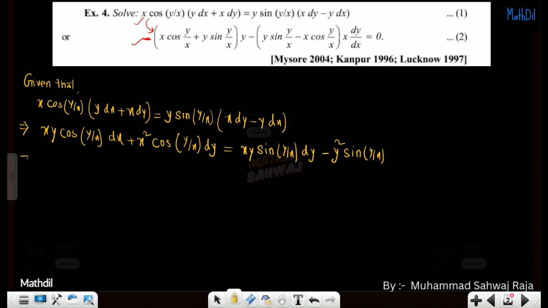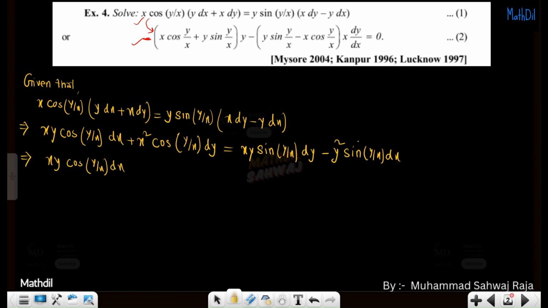So what can we do now? Take all the dx terms to one side and all the dy terms to the other. Write xy cos(y/x) dx.